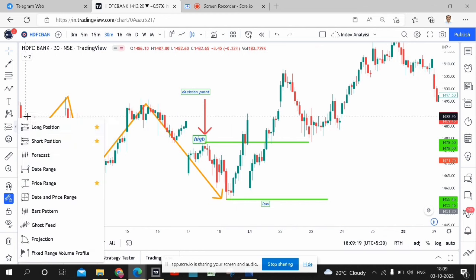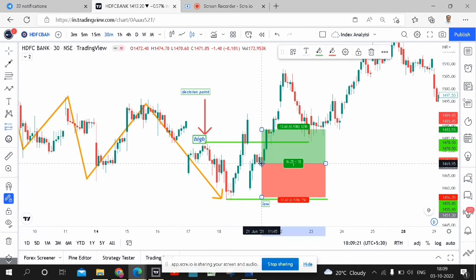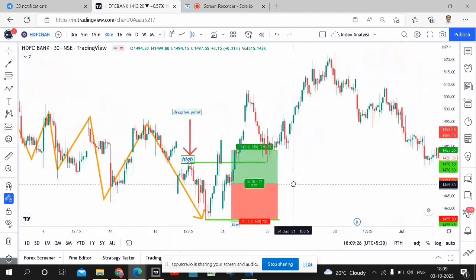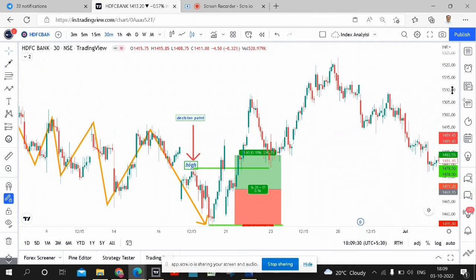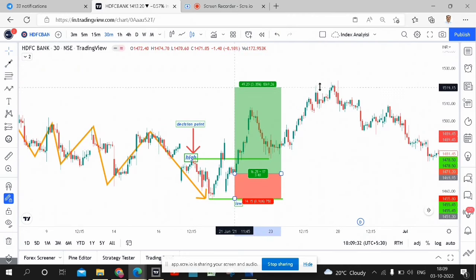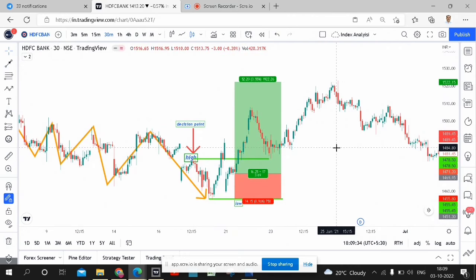If someone has gone for a long position here in this area, what is the risk reward? For a risk of 14 points, the reward we have obtained is 52 points. So if anyone is following this method, based on this entry, the minimum profit will be 1 is to 2 actually.